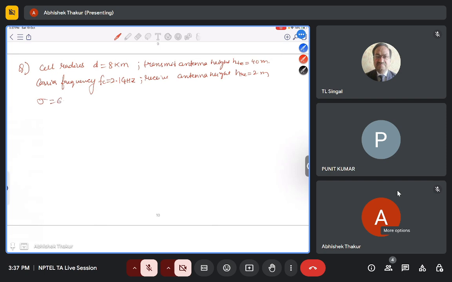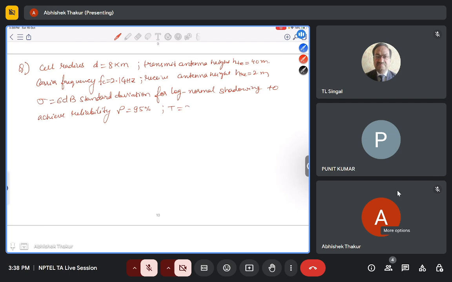Sigma is equal to 6 dB standard deviation for log normal shadowing, and to achieve a reliability of 95%.